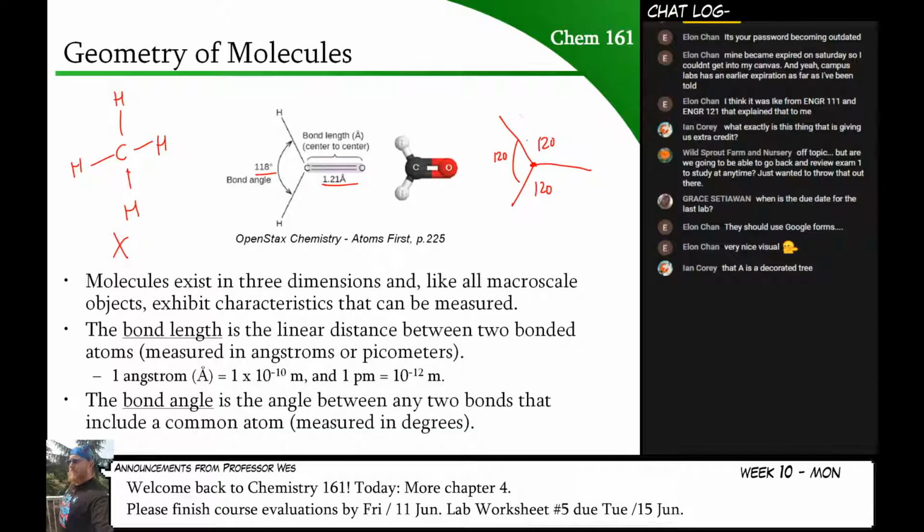Because there are 360 degrees in an entire circle. So what we're going to do is try and figure out what these angles are, and then explain why the numbers deviate slightly. So we'll get to that later.